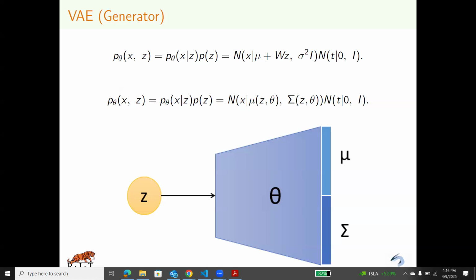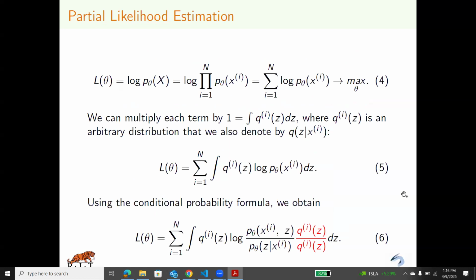Now let's talk about how to actually learn this model. As I said, we have access only to X variables, to the input images.